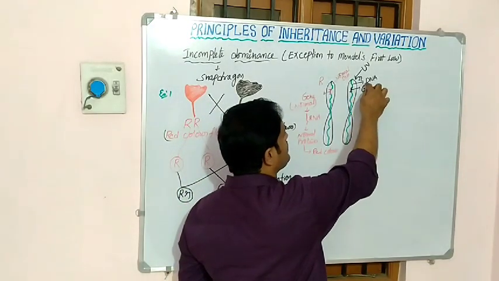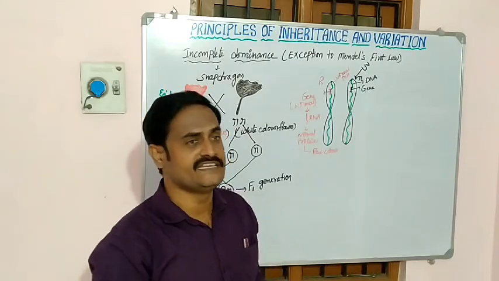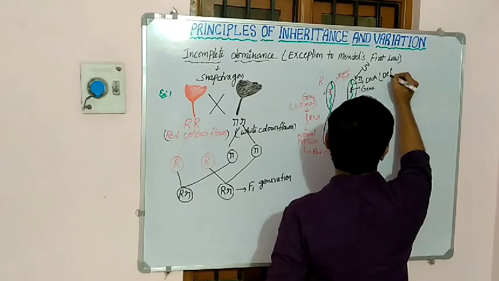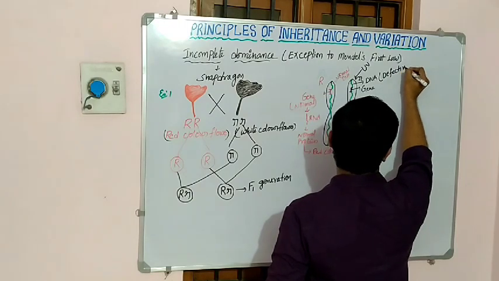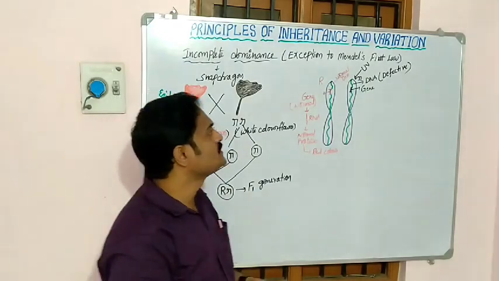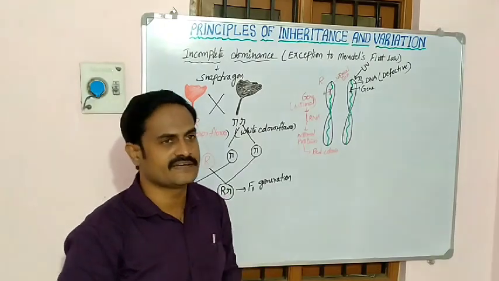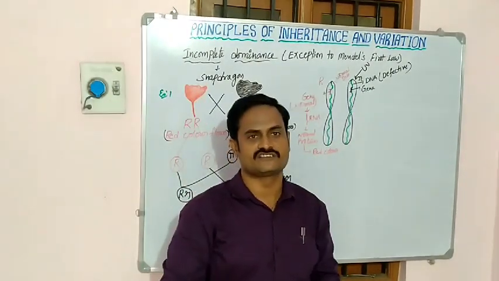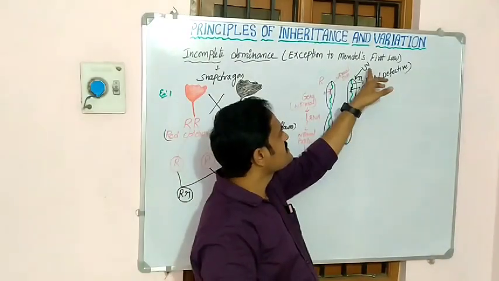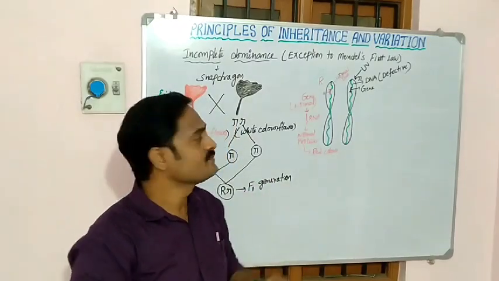Then what will happen? The DNA converts into defective DNA. So which type of DNA here? A defective DNA. Why is it defective DNA? Due to the effect of ultraviolet rays, not only ultraviolet rays but also some environmental changes or carcinogenic agents. Due to various reasons, this DNA is modified into defective DNA.